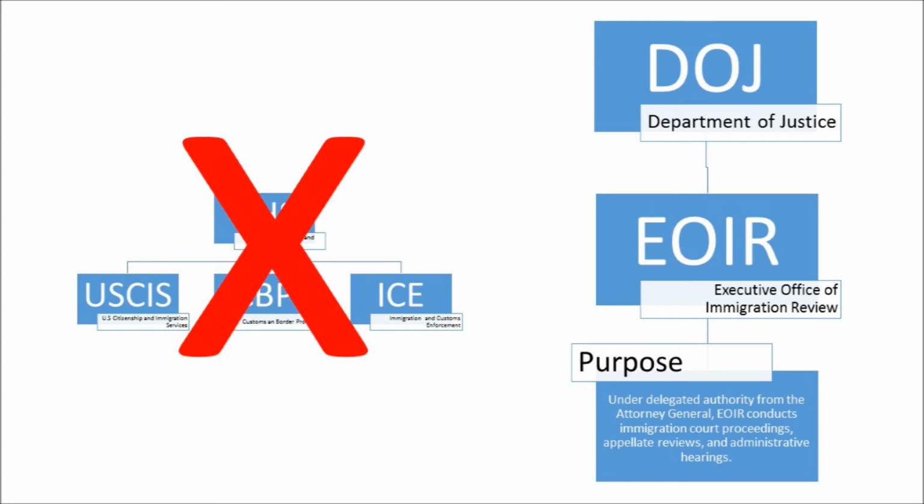So the judges actually have authority to look at a case and administratively close that case. So basically, you're going to want to go to your judge. You're going to say, look, I'm trying to finish my documentation, but it's been put on hold because of these removal proceedings.